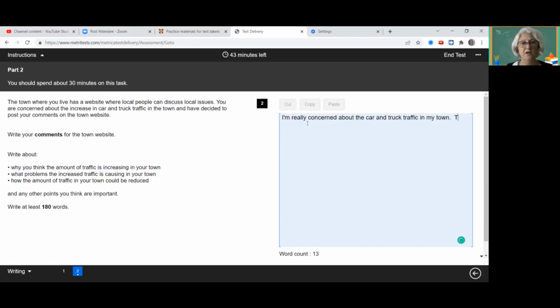This is causing some congestion on the main road. And I'm always late for work, for example.